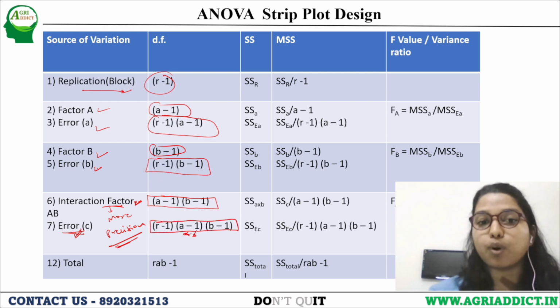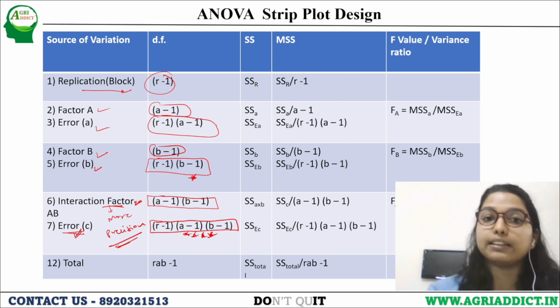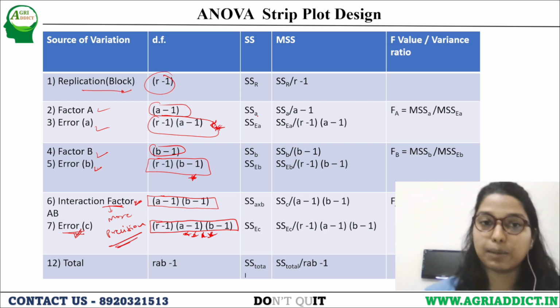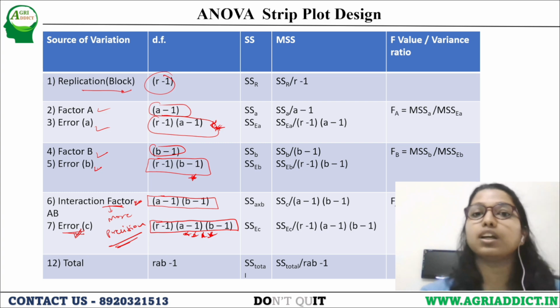That is most important. They can ask the error degree of freedom for the interaction factor. This you have to remember, along with the error degree of freedom for the B factor. This can be directly asked. They will give the value of replication, the levels of factor A and so on, and you just have to put in the values and get the result.